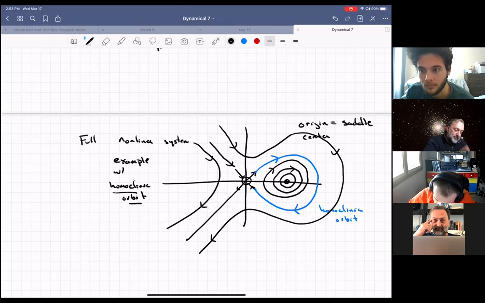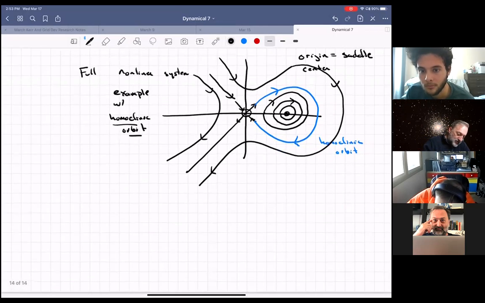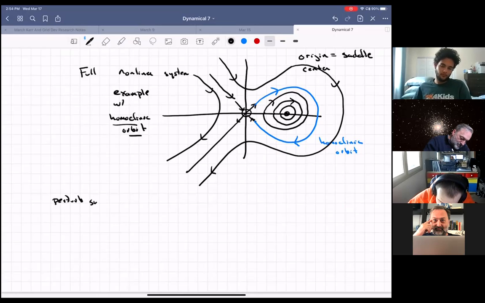Right, so if I perturb this system, so I start with this system here and I perturb it, I'm going to copy the whole thing.